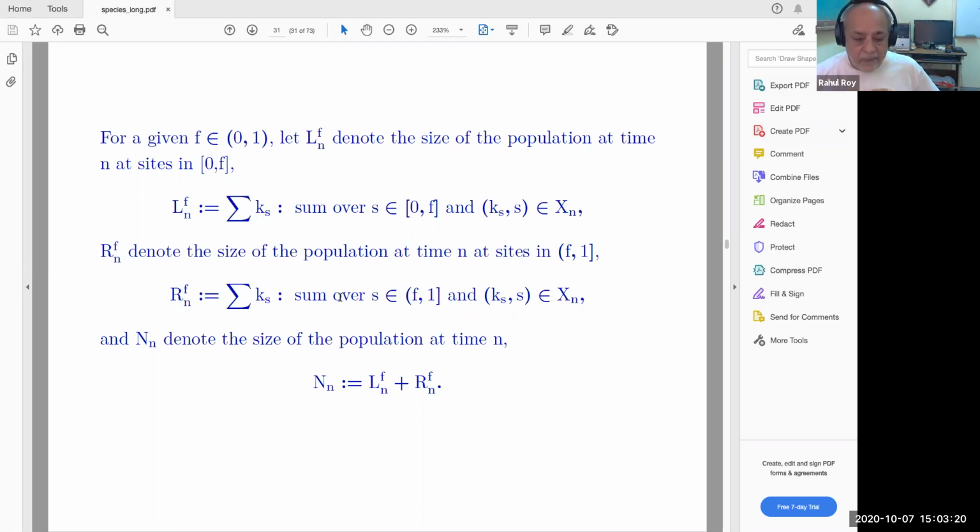This is the formal way. And N_n is the total population at time n, which is the sum on the left plus the sum on the right.